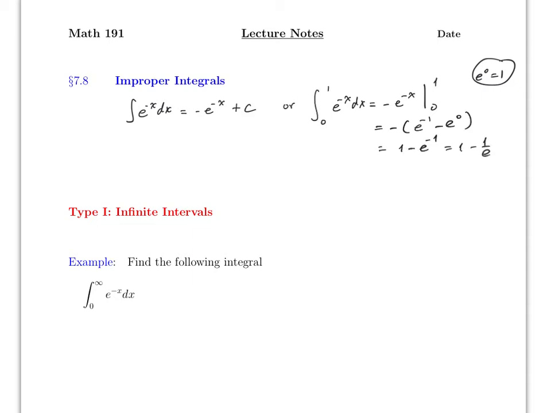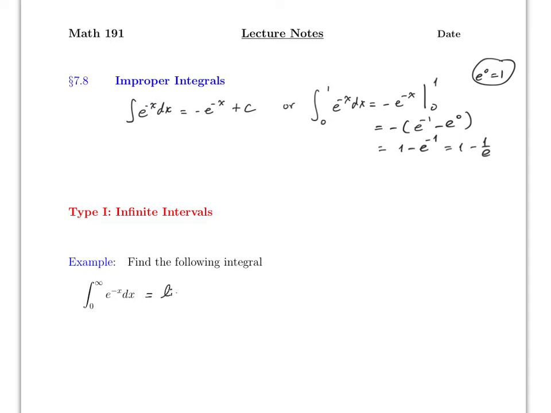Okay, so we have done this multiple times. The difference is going to be that for type 1, the limits of integration can go all the way to infinity. And to properly handle this, we're going to use limits. This is what I mean.